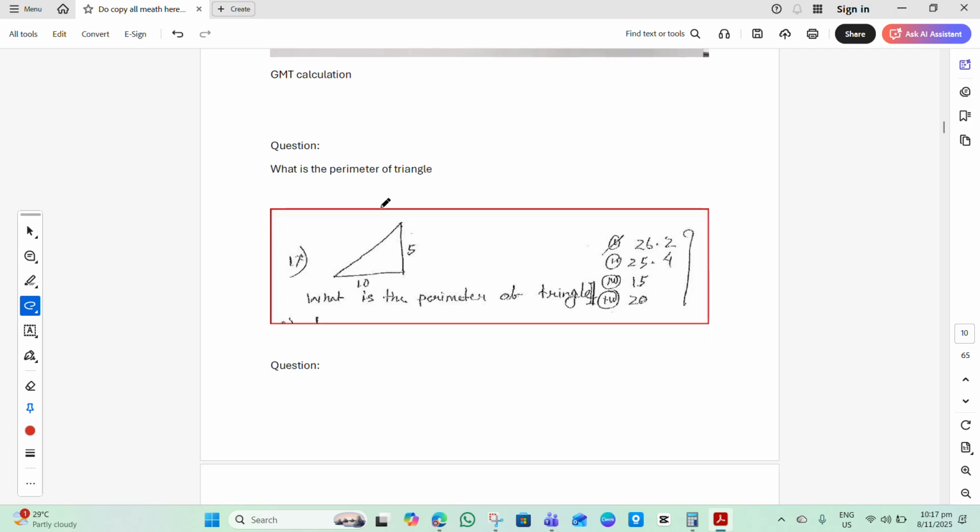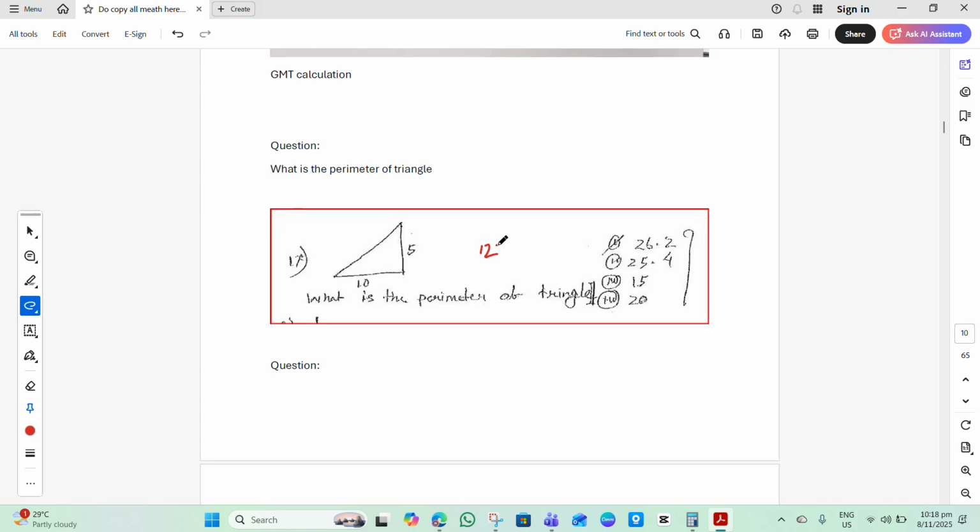Okay, this question coming now: what is the perimeter of the triangle? This question comes with 4 multiple choices. So when asking for the perimeter of a triangle, we apply the Pythagorean formula. So 10 multiplied by 10 is 100, 5 multiplied by 5 is 25, so 125.